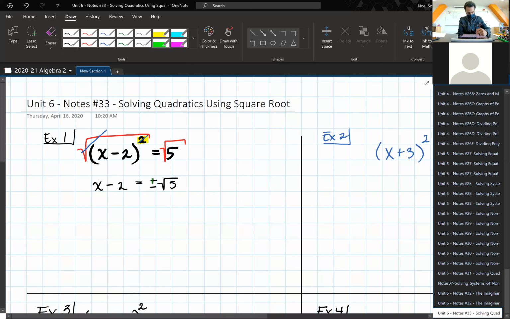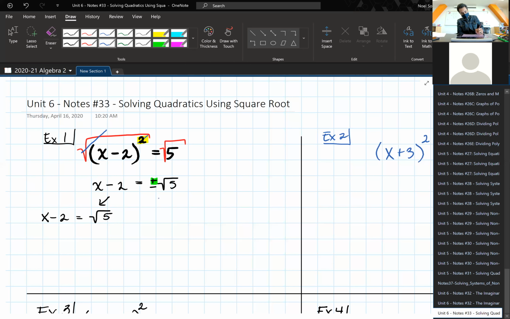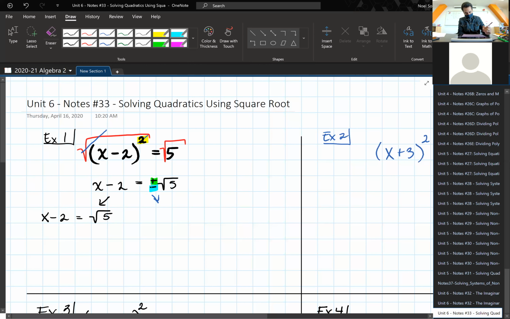If we were to use just the positive version, that creates one equation, which is x minus 2 is equal to the positive square root of 5. And then if we were to use the second version, the negative, we end up with x minus 2 is equal to the negative square root of 5.